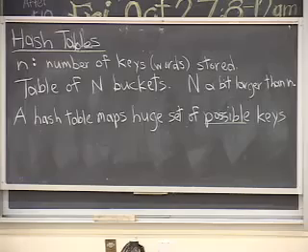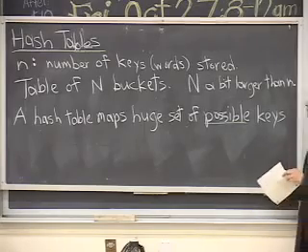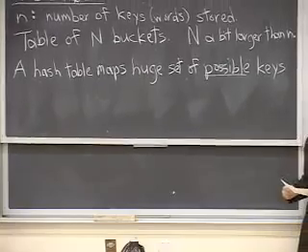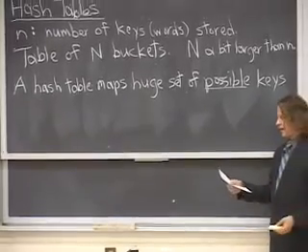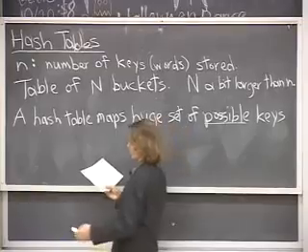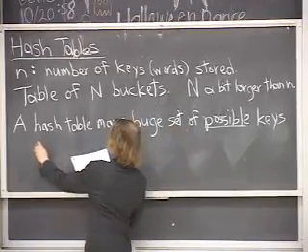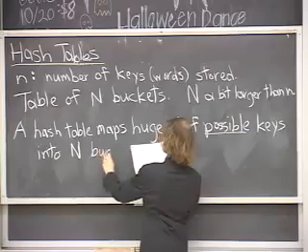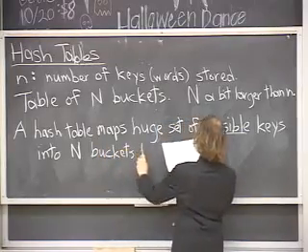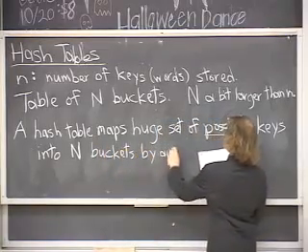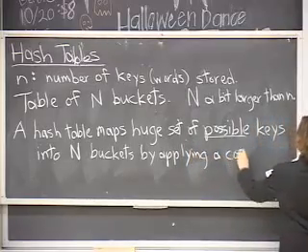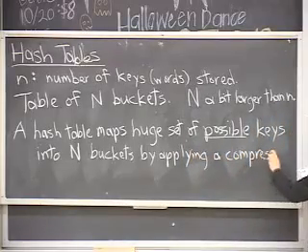So lots of possible keys are not English words. But there's this huge imaginary set of possible keys, and we're only going to use a few of them in practice. And so what we're going to do is map those into a much smaller number of buckets, capital N buckets, by applying something called a compression function to each hash code.